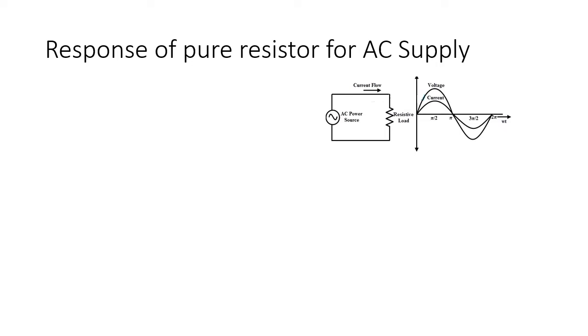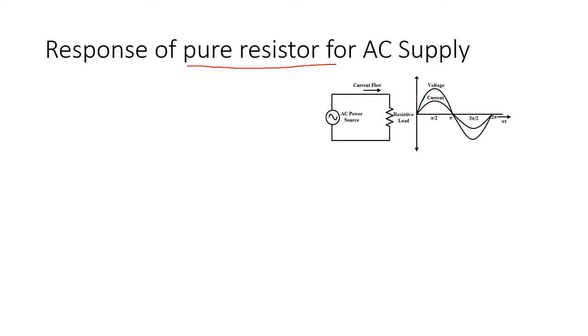The next is the response of pure resistor for AC supply. A pure resistor means it has only resistor, nothing else. The circuit has only resistor, and we are going to find the response of the pure resistor.